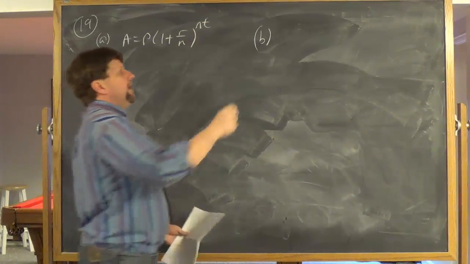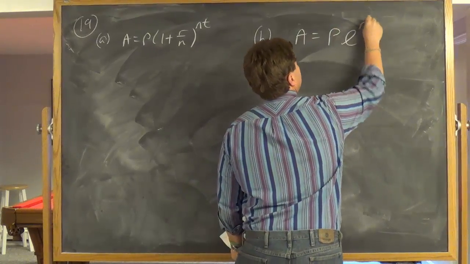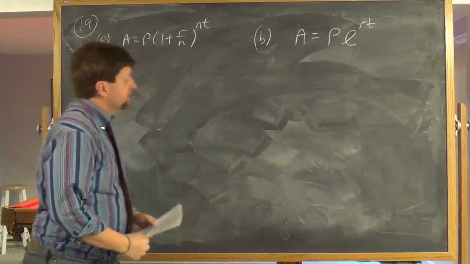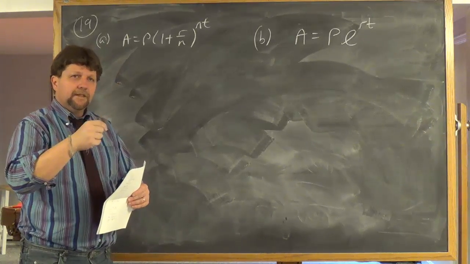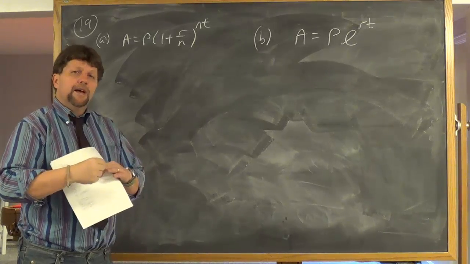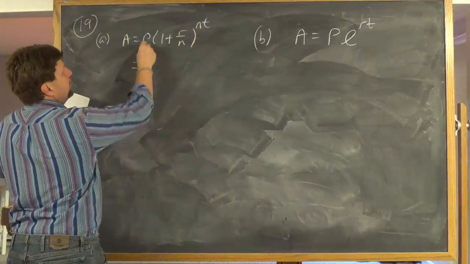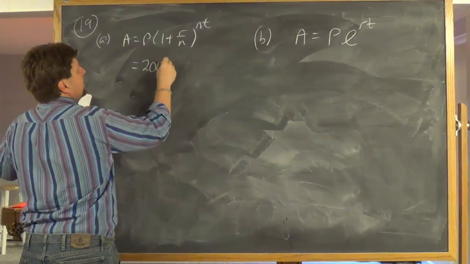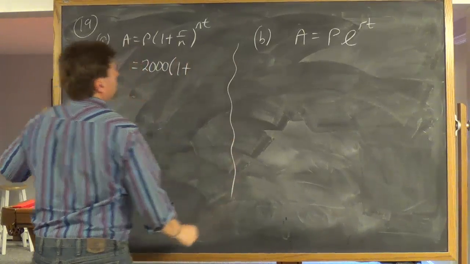Whereas in part B, since it's compounded continuously, you're going to use that formula. Now let's look at everything we know. We know Sarah has $2,000 she's going to invest. That $2,000, that's her principal, so that's the P. So we'll put $2,000 in for the P. We know the rate.